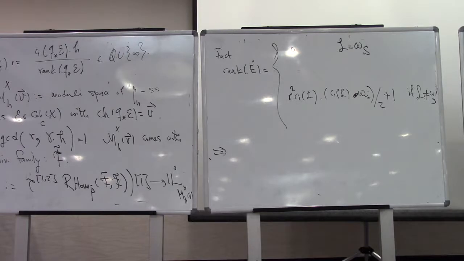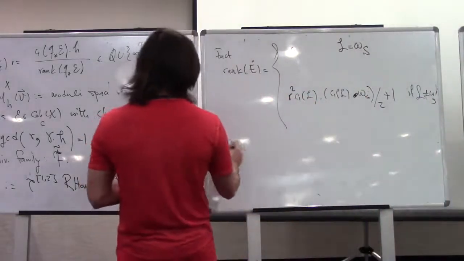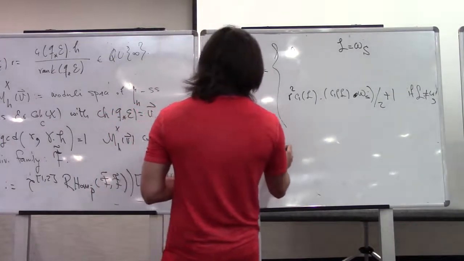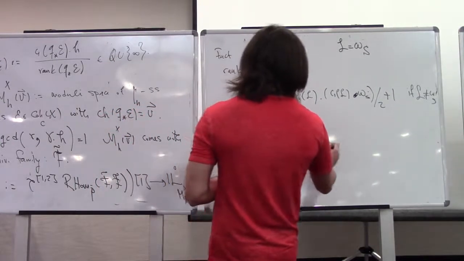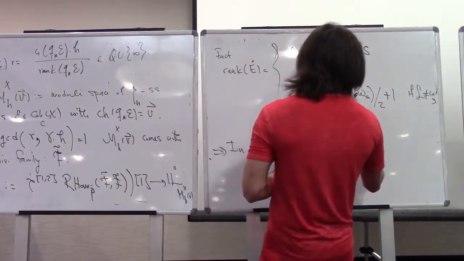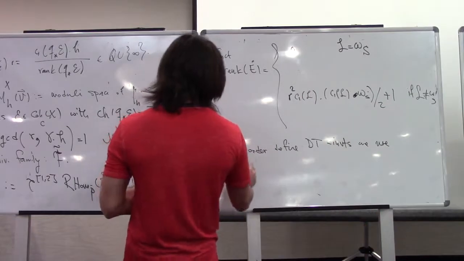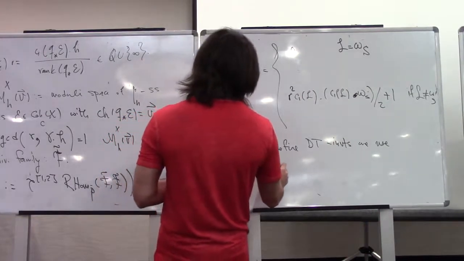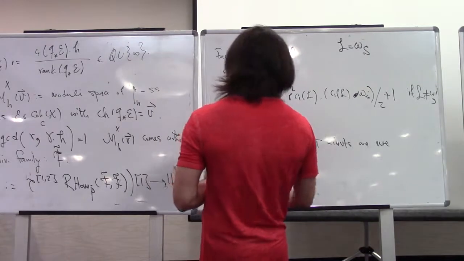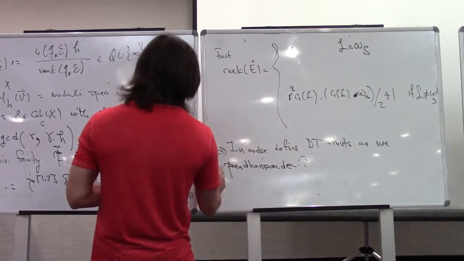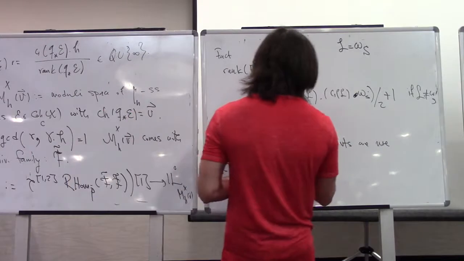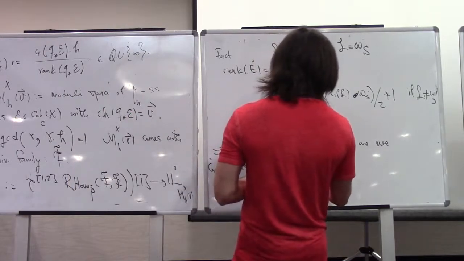Okay. So as the construction suggests, this threefold is non-compact, and the moduli space of torsion sheaves on this threefold is also non-compact. And in order to define any invariant, you need to use torus localization. So in order to define Donaldson-Thomas invariants, we use the Graber-Pandharipande virtual localization.